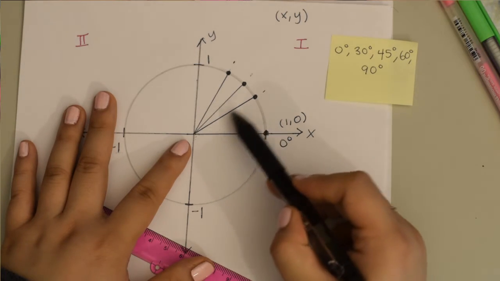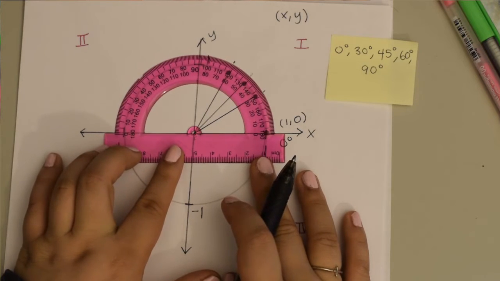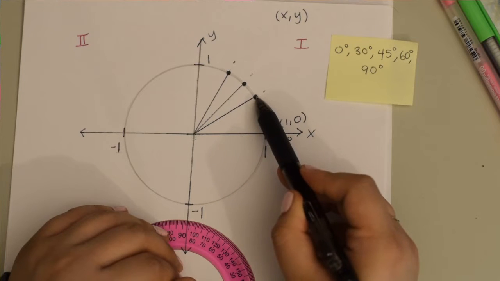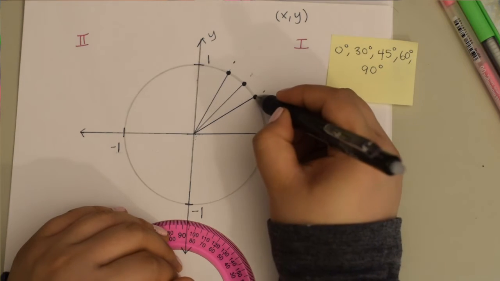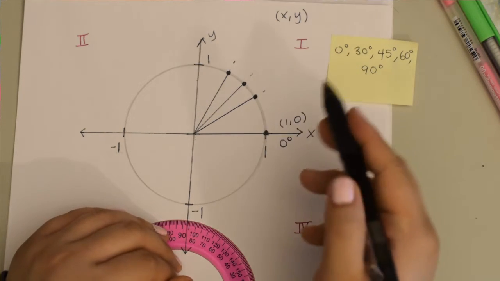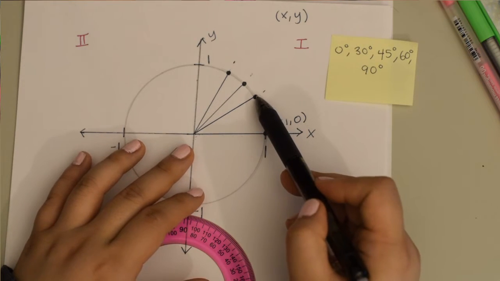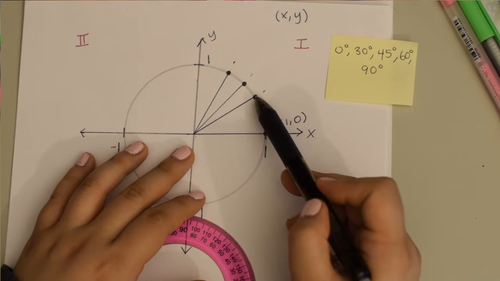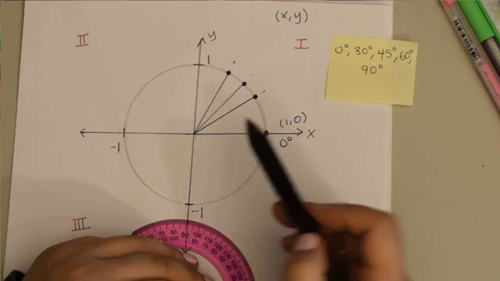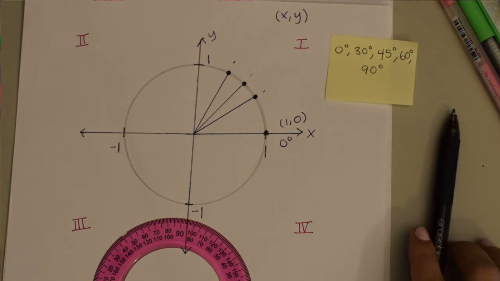And then this is 30 degrees, right? Because we measured it so that it was that case. So we used this and we saw, oh, 30 degrees. So this point on the unit circle is associated with 30 degrees, because if I were to draw the segment between that point on the circle and the center, I make an angle of 30 degrees with the positive x-axis.